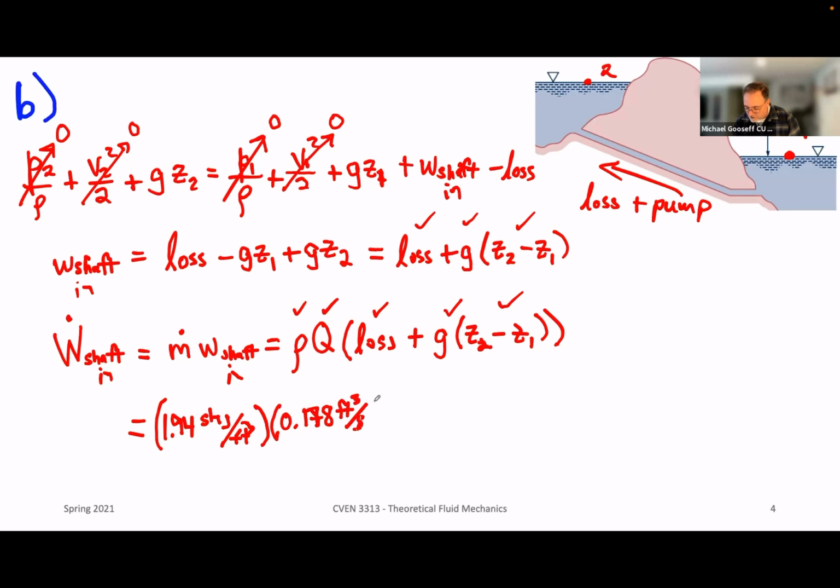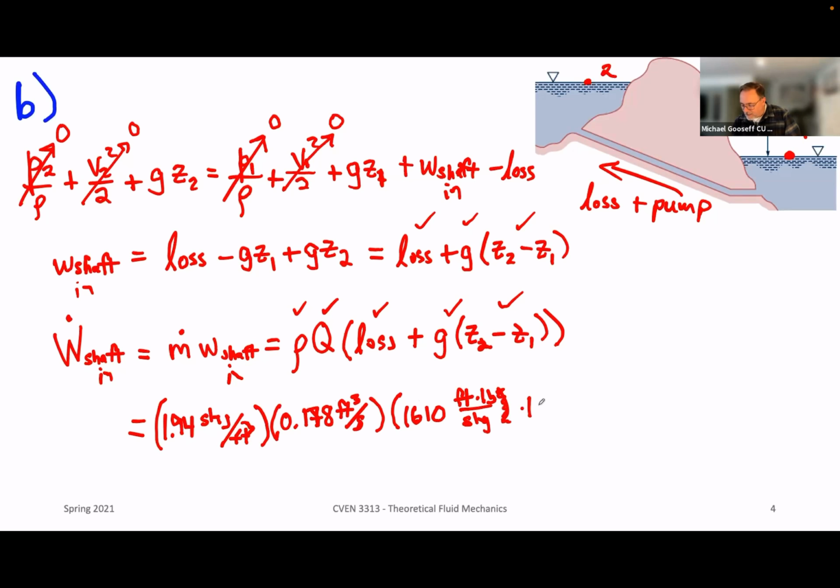And then we multiplied by our loss, which was 1610 foot-pounds per slug. And then we, oh, sorry, I got that in the wrong spot.